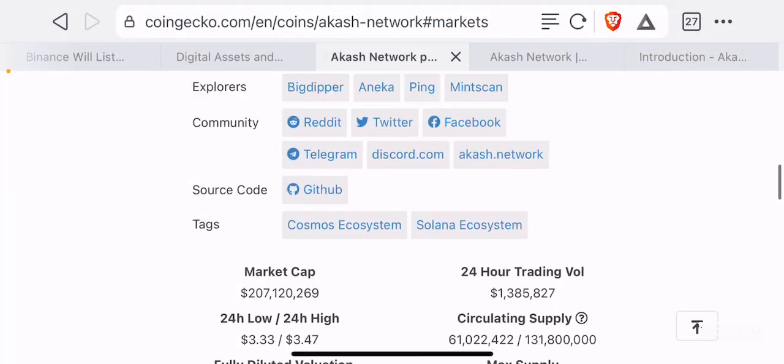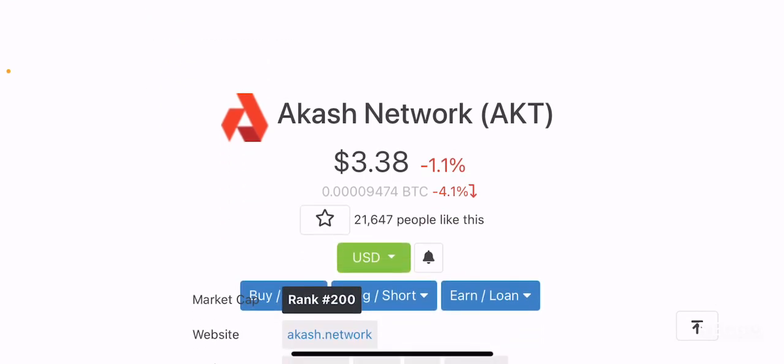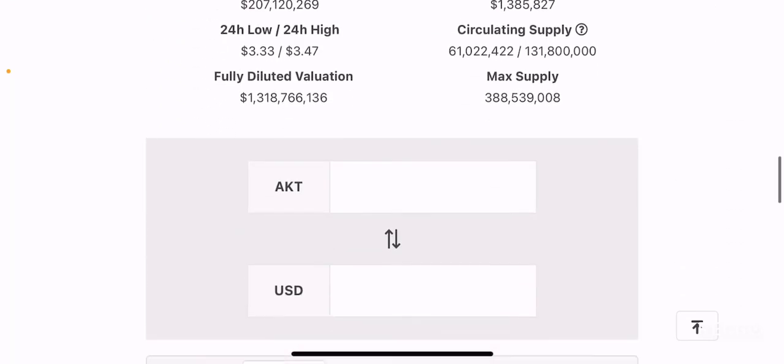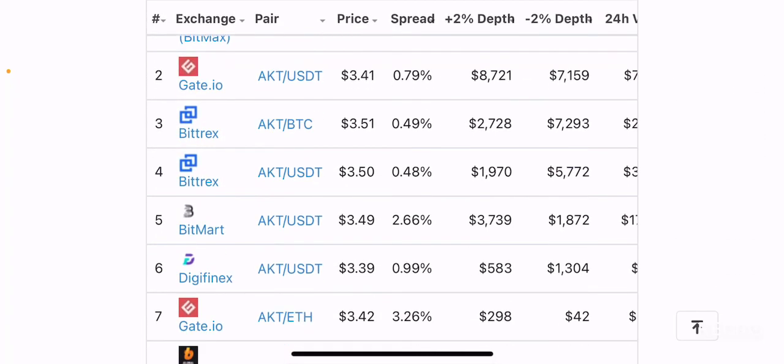So this token may potentially get a future Binance listing soon, since this token is partnered with several major partners, and this has a highly promising effect in the future of decentralized cloud services.